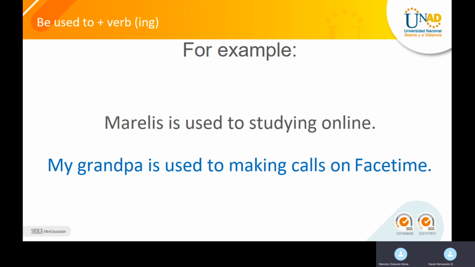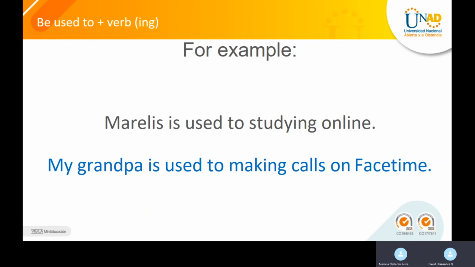Y en la otra, en el del ejemplo pasado, era Marelis solía estudiar online, ¿cierto? Ahí es donde está la diferencia. Estaba acostumbrada y solía. Estamos marcando como unos matices de la oración, tanto si solía o si lo hacía constantemente a si estaba acostumbrada, ¿cierto?